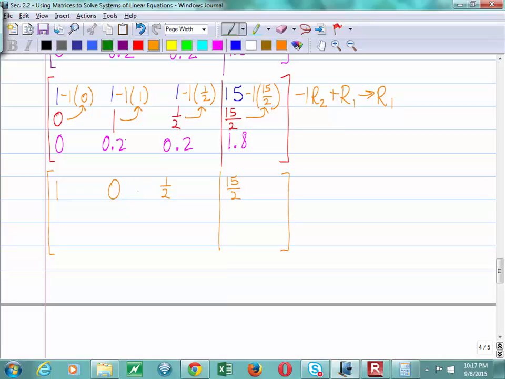So I need this 0.2 to turn into a 0. Okay, so I'm going to do the opposite of positive 0.2, which will be negative 0.2. Multiply that by row 2 and add it to row 3 to get the new row 3.